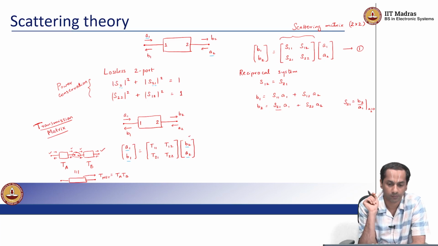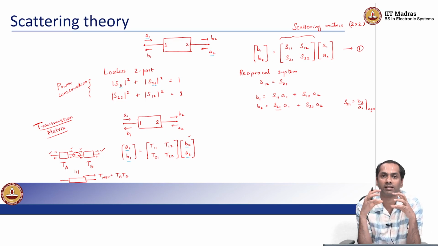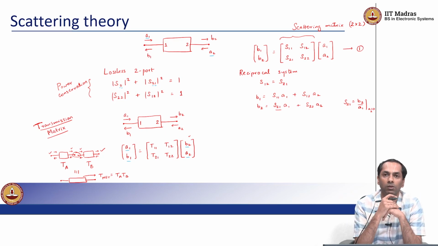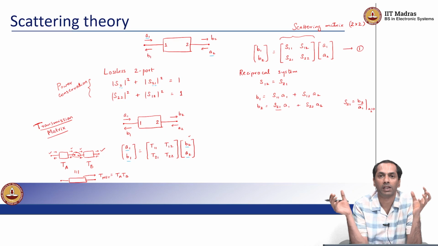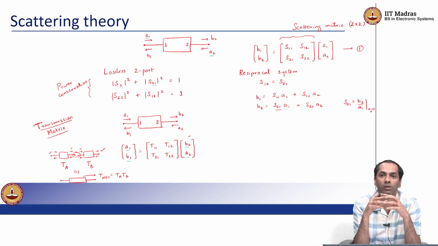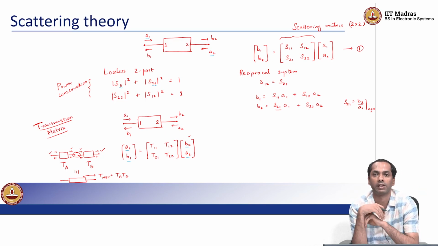So it is very easy to cascade transmission matrices one after the other to get the composite response of a chain of elements. The transmission matrix formalism lends itself to conveniently cascading many components together and looking at the overall property of the entire chain.